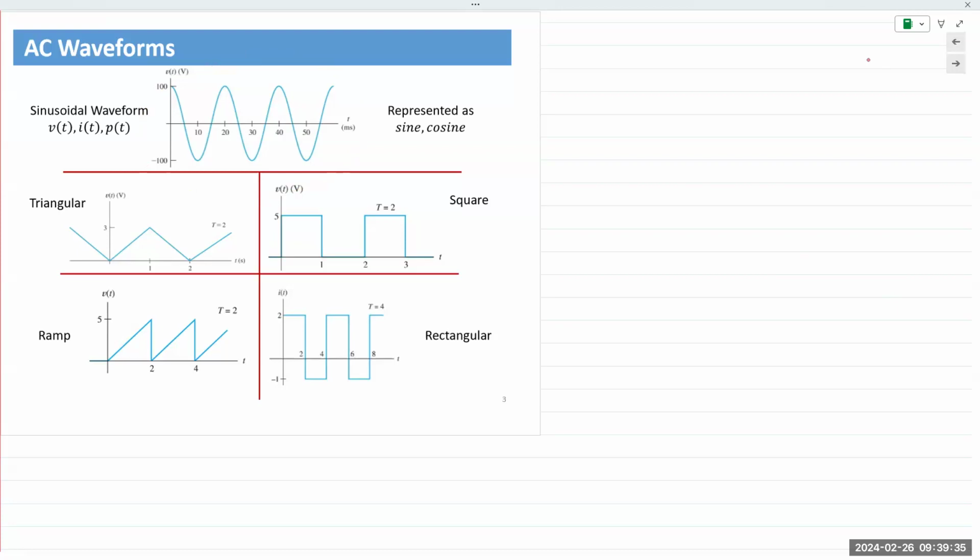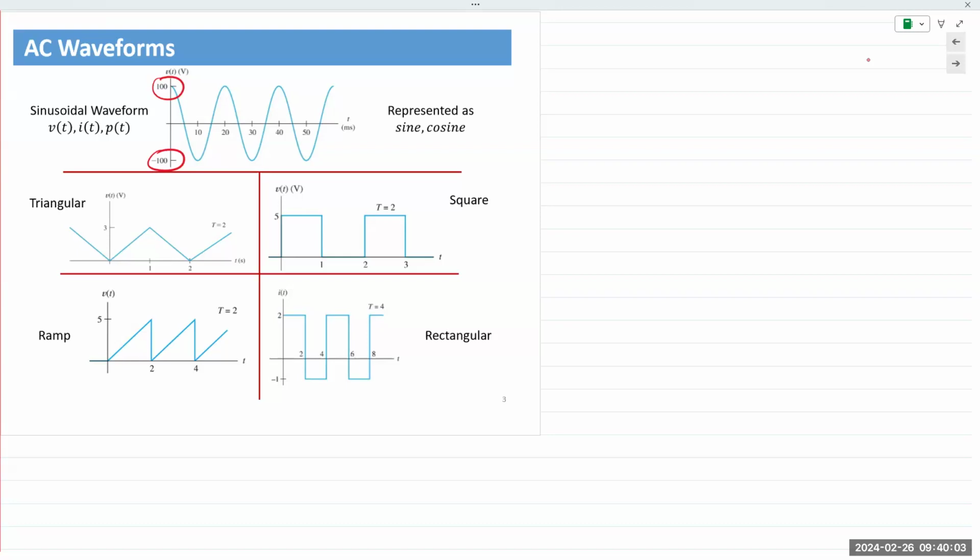As you can see here, and we'll look at each of these components individually in the next few slides, the waveform varies from a positive value to a negative value constantly. It goes up, it goes down, it goes up, it goes down. The value of that waveform on the y-axis changes. It's different at any given point in time.